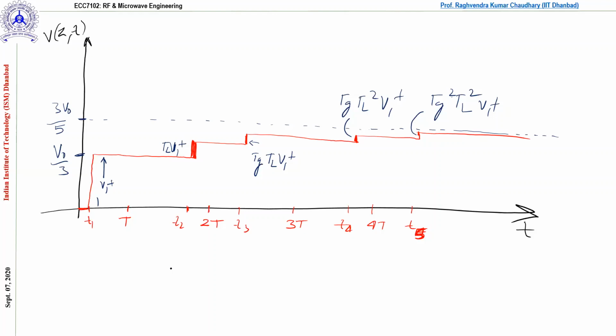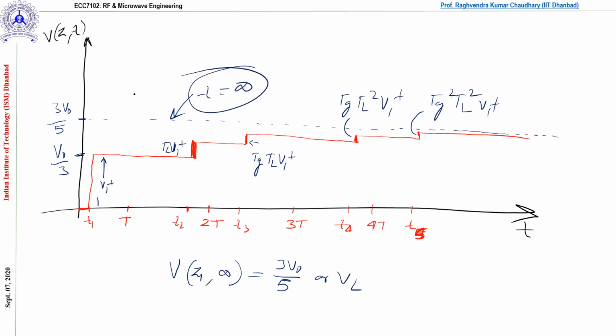So finally I can write here that V as a function of Z1 at infinity is 3 V0 by 5 or VL, fine. So this state is the voltage at T equal to infinity, fine.